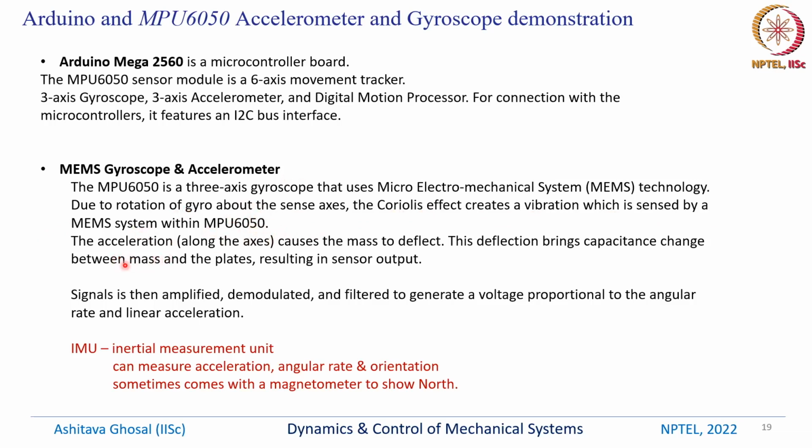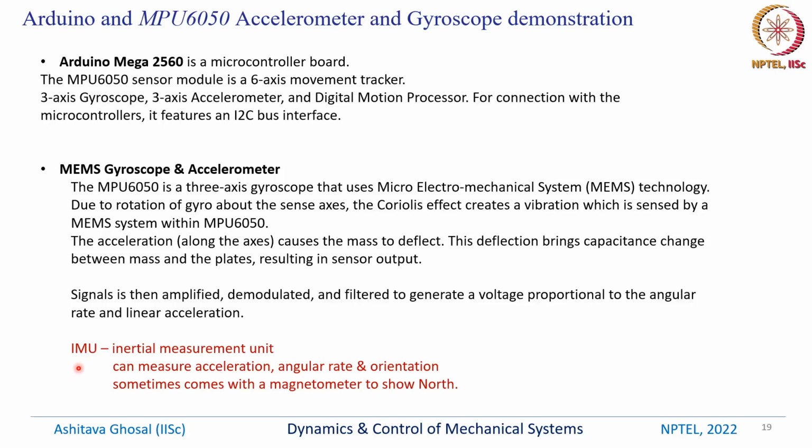The acceleration along the axis causes the mass to deflect. This deflection brings capacitance change between the mass and plates, and again it results in a sensor output. All these signals are then amplified, demodulated, filtered, and finally it generates a voltage proportional to the angular rate and linear acceleration. This device is sometimes called an IMU.